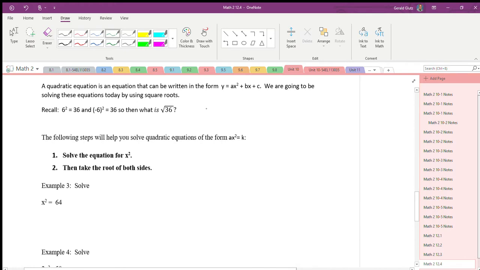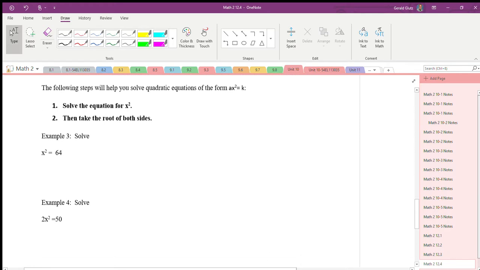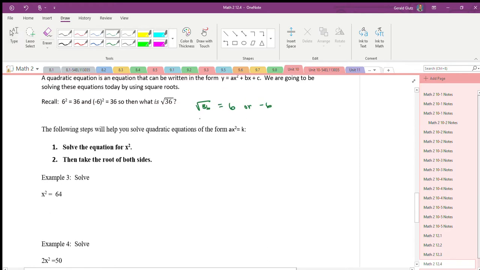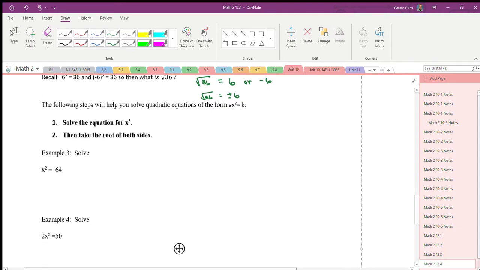So if I take the square root of 36, it could equal 6, or it could equal negative 6. So another way to write this answer will be plus or minus 6, because it could be positive 6 or it could be negative 6.